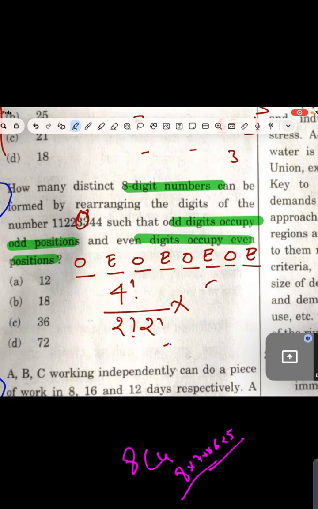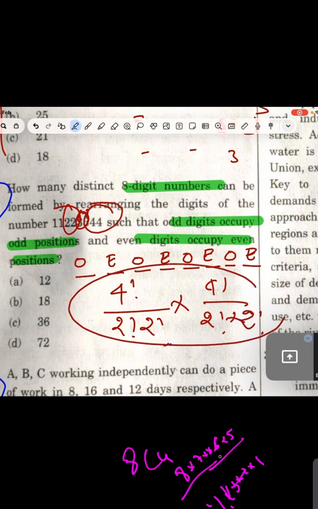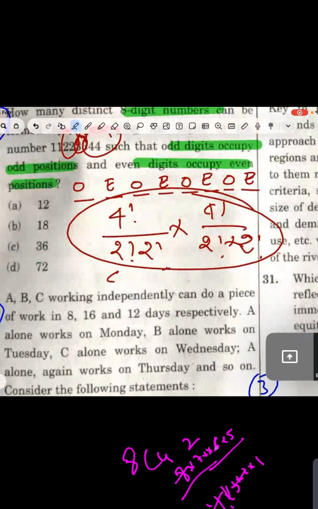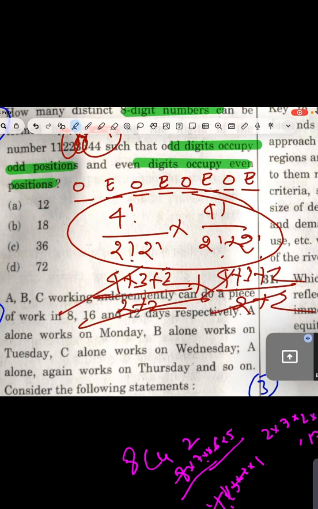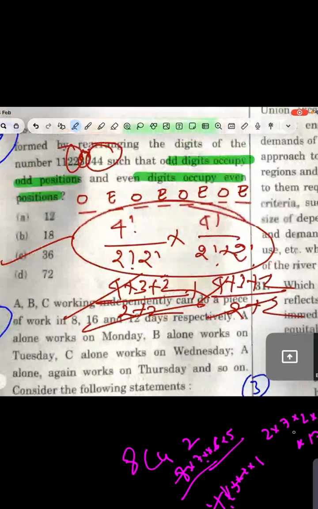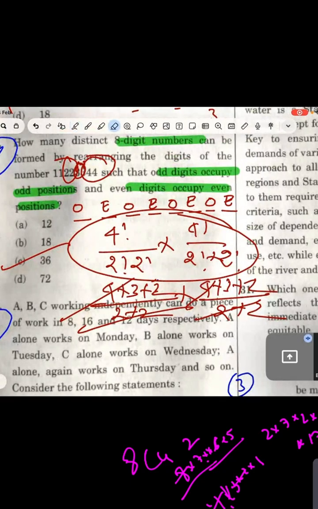Now the even numbers: 2 is repeated 2 times, so divided by 2 factorial, and 4 repeated 2 times, divide by 2 factorial. Now if you solve it, so you will get something like that. So 2 2 is 4, 2 2 is 4, gone. So 3 2 is 6 and 3 2 is 6, 6 6 is 36. This is the easiest method to solve this question basically.